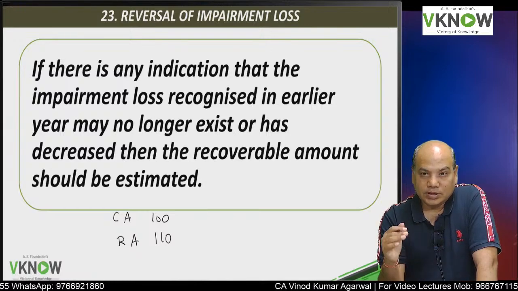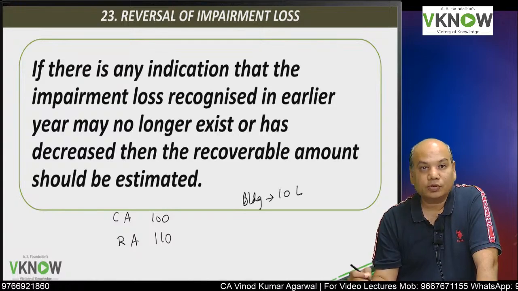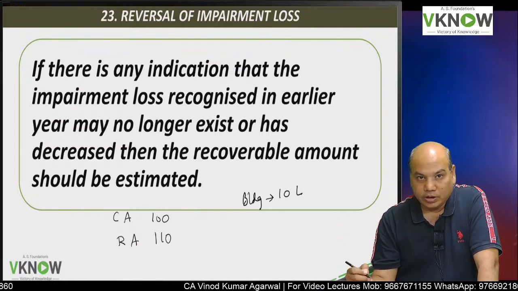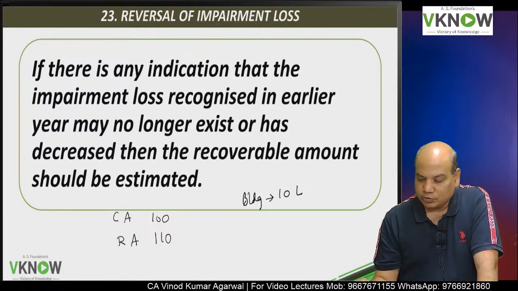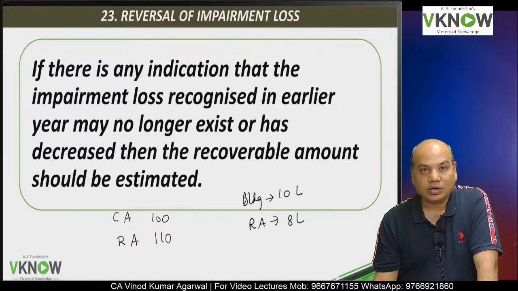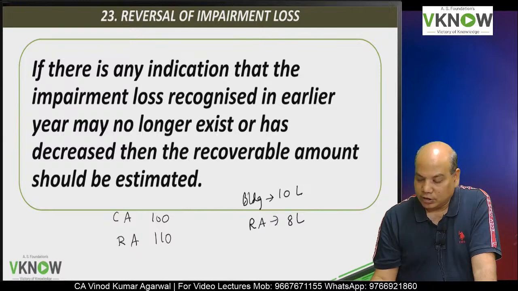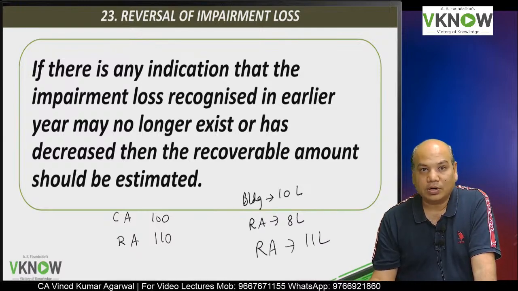Let's say before the lockdown the value of a building was 10 lakh. When the lockdown was announced, businesses were closed, and the recoverable amount went down to 8 lakh. After 1 or 2 years, businesses started flourishing again and the recoverable amount has gone to 11 lakh.